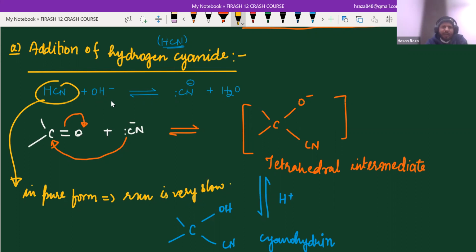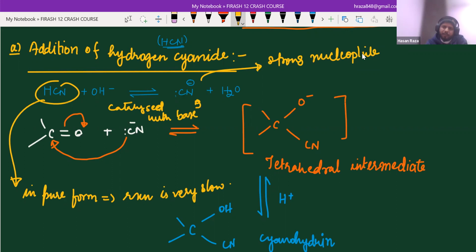So that's why we catalyze it with base, and it forms CN minus, which is a strong nucleophile, and it's very easy, right?